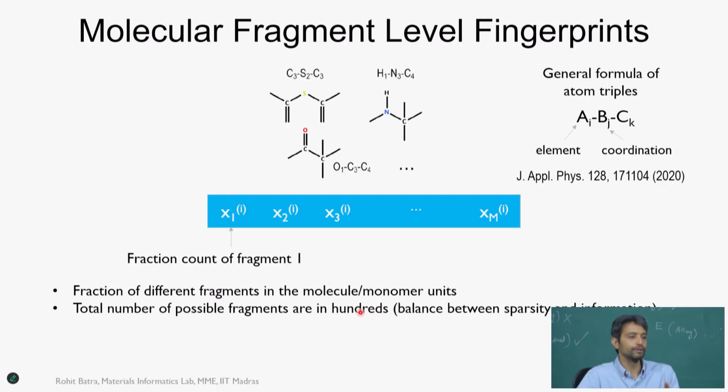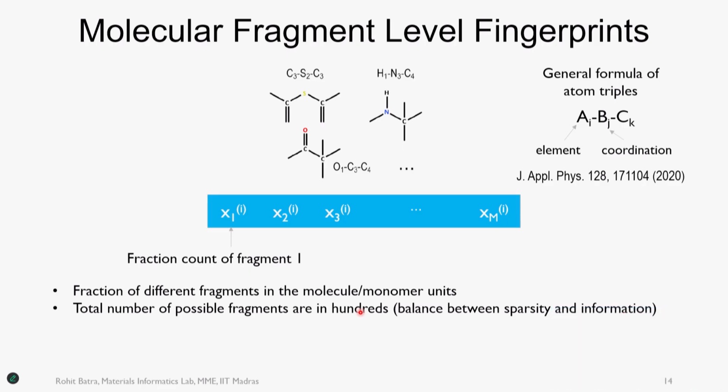Now, if you think about it, the total number of such triplets will be large, right? You can come up with several triplets. So they looked at a good library, say some 800, 900, I don't remember the exact size, but somewhere a couple of hundreds is the feature size. One more thing you may want to ask: why not just doublets? Why did they go for triplets and why not quadruplets?